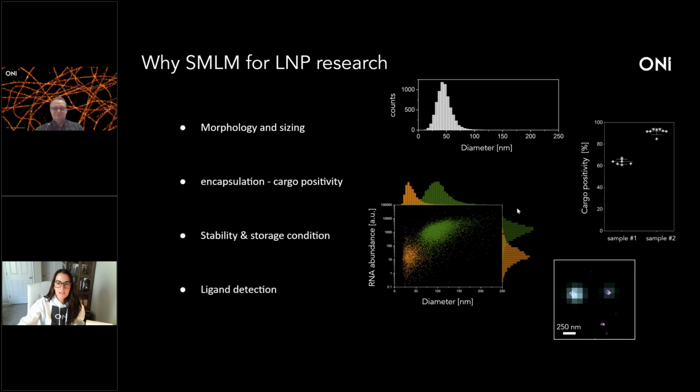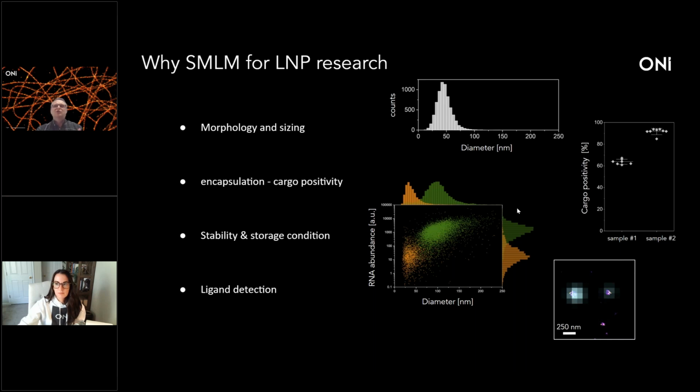Okay, the next question is, is any fluorescent dye compatible with this assay? The answer is no. Unfortunately, one of the drawbacks of single molecule localization microscopy is that it requires imaging buffers, so specific conditions that you need to use to make molecules switch on and off by using high laser powers.